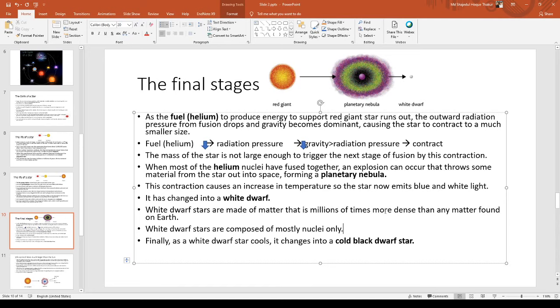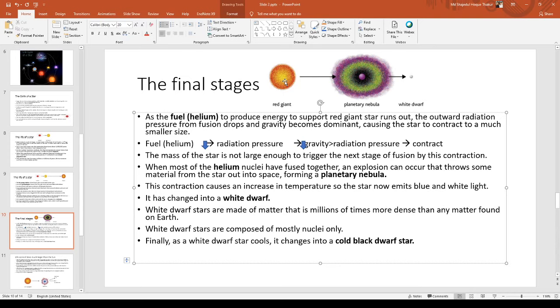Okay, now that we know how dense, let's move on to the cold black dwarf. What happens is basically, the white dwarf star used to be in the good old days, in its golden ages, a main sequence star. It used to be a stable star. It had a good life.